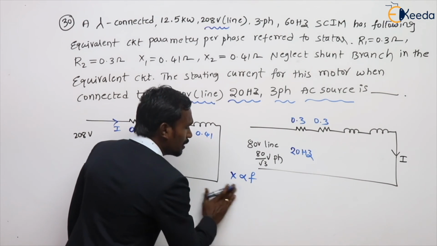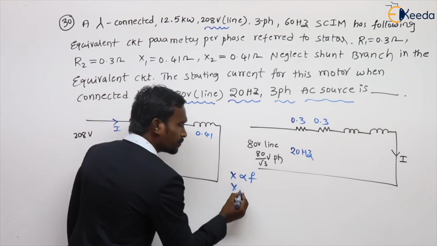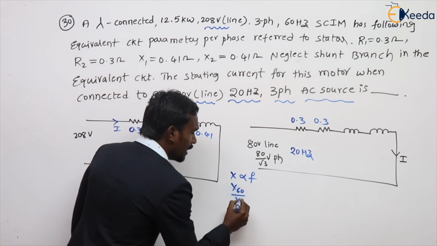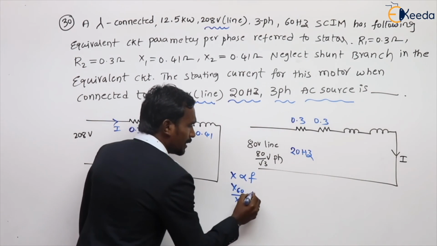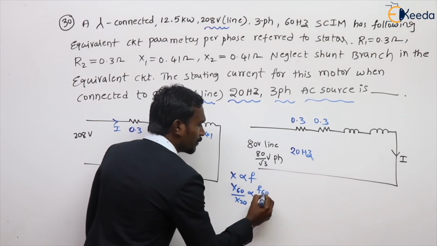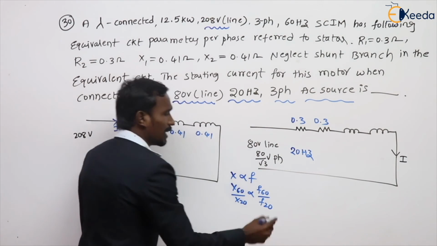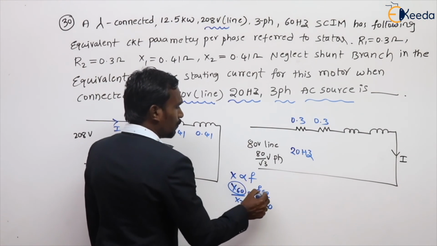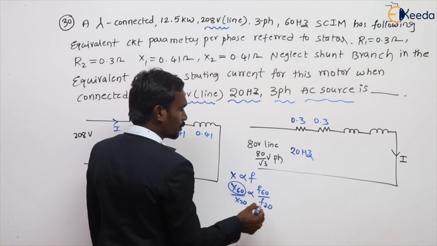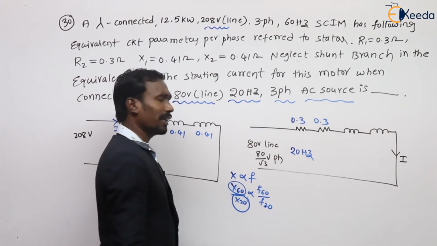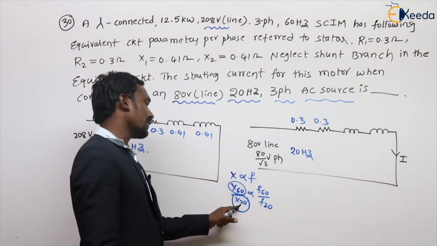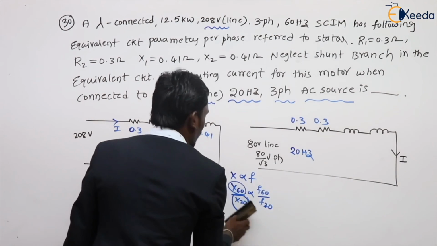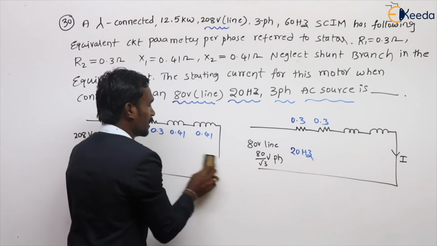X60 by X20 is directly proportional to frequency 60 by frequency 20. We know the X60. We know the frequency is 60, and the other frequency is 20. What is the reactance for 20 Hz? We have to calculate this.